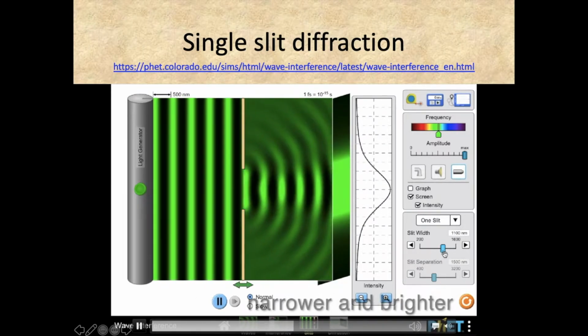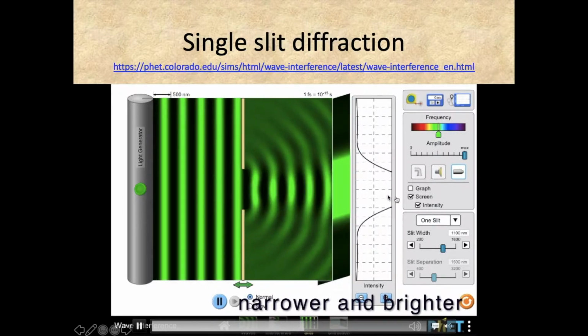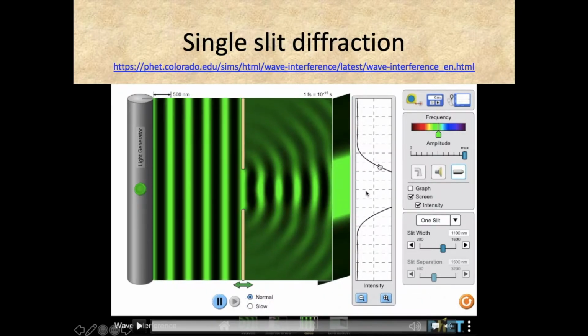Now I've increased the slit width, and because I've increased the slit width, the intensity has increased. We can't even see the top of this bell curve here. There is more intensity because there is more space for light. So more of these point sources between the start and end points of the gap really. So there is more light exposure on the screen. So the central bright becomes more intense.